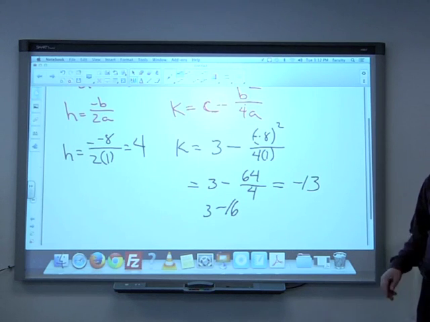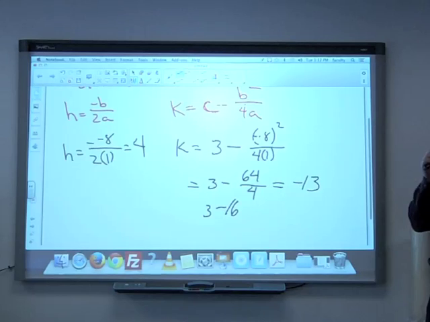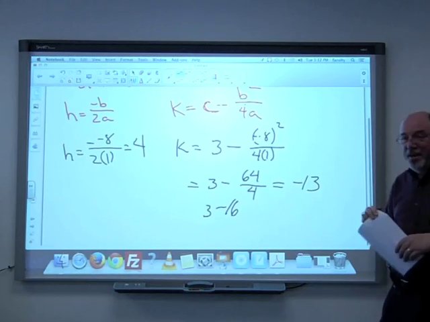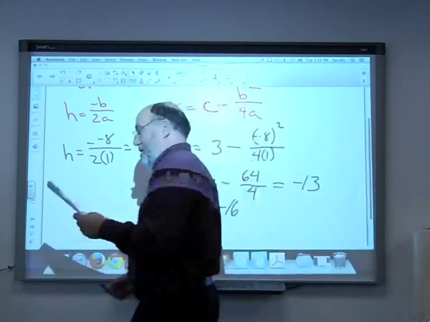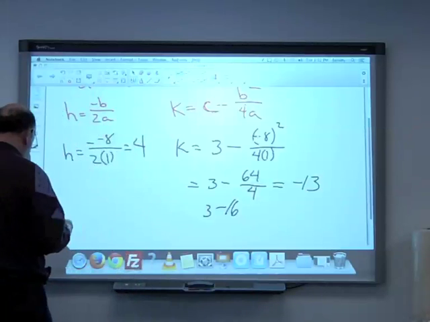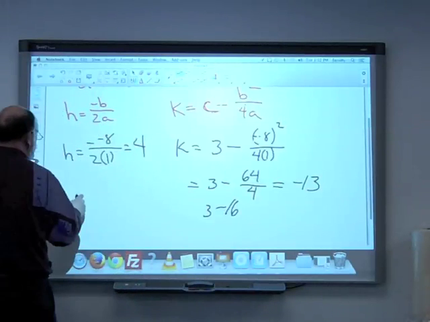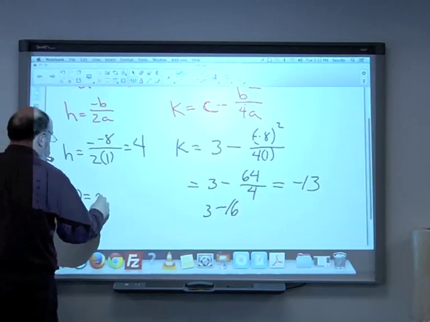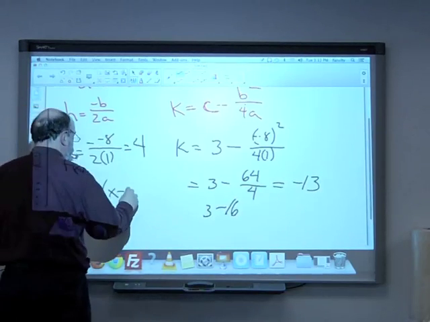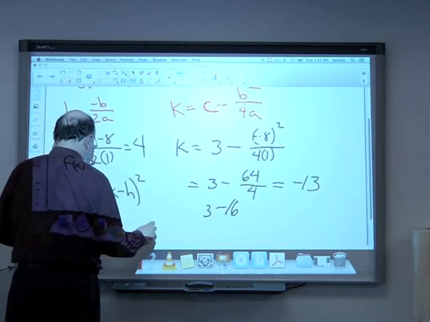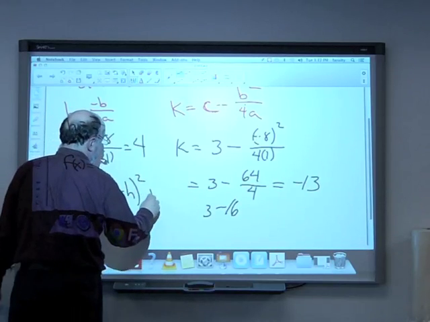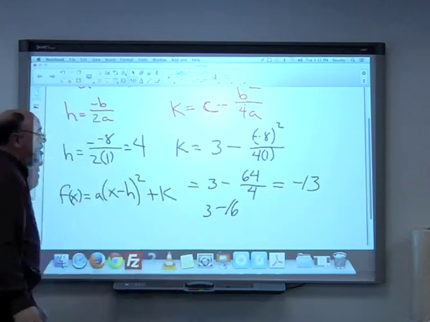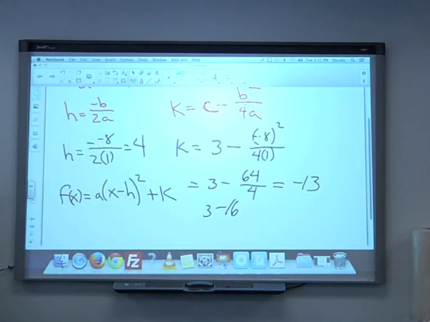All right. So we have the H, we have the K, we know what A is. And again, my equation is in the form of f of x equals A times x minus h squared plus k. So now I take my numbers and plug them in.